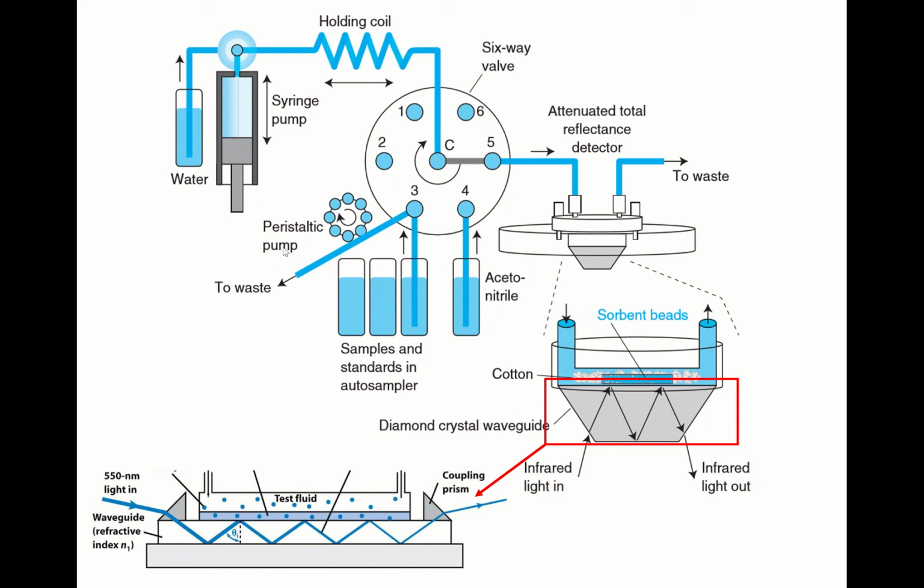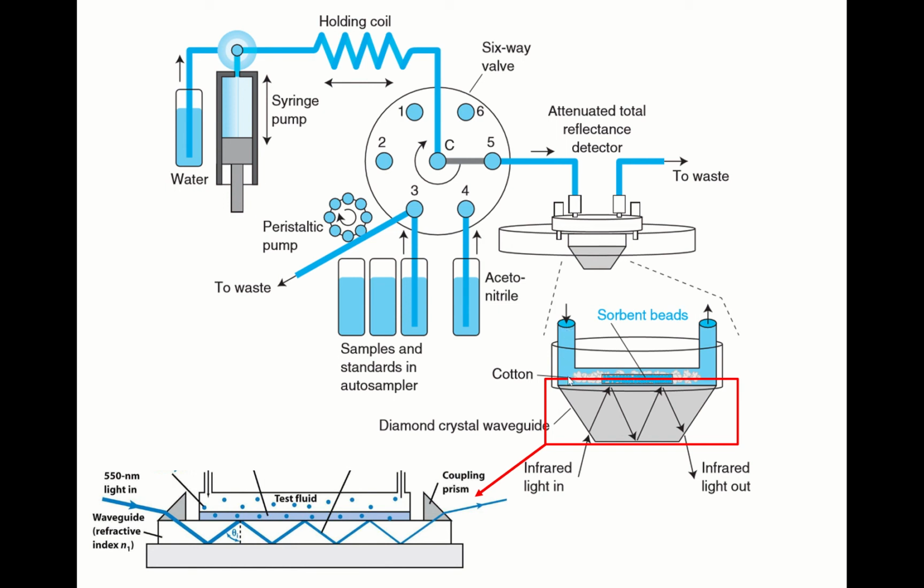Here is, I think, the separation instrument, and the important part is this one. This liquid comes out from this port 5, and then it enters one end of the detector.